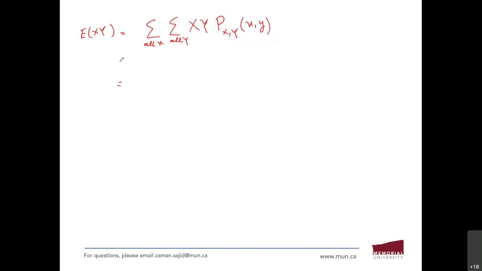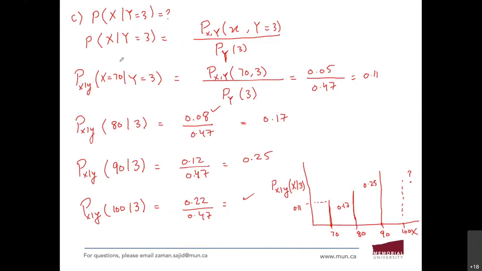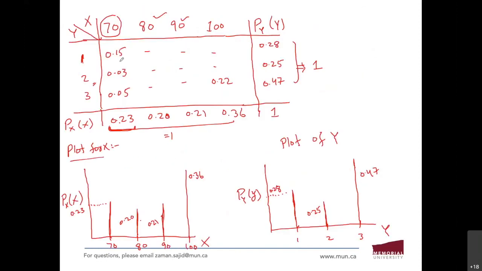Now, how we are going to write it down here, I will take you back to that table. Because x, y times the joint probability, it will be 70 times 1 times this value. For the next one, it will be 70 times 2 times 0.03. And these numbers should be added up for the whole table.